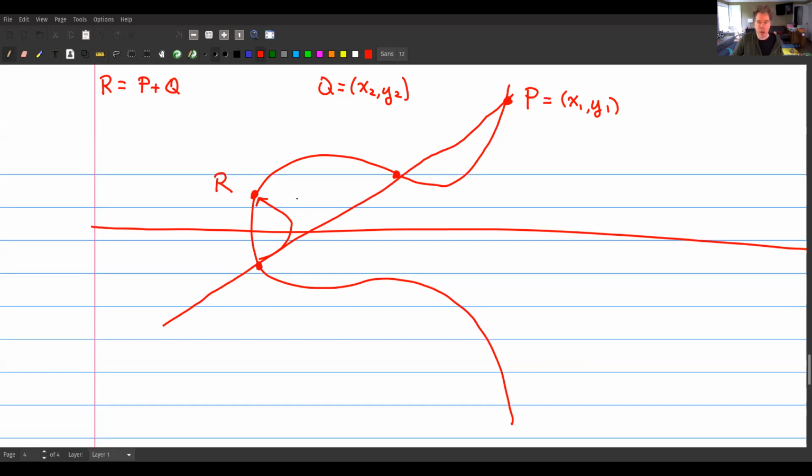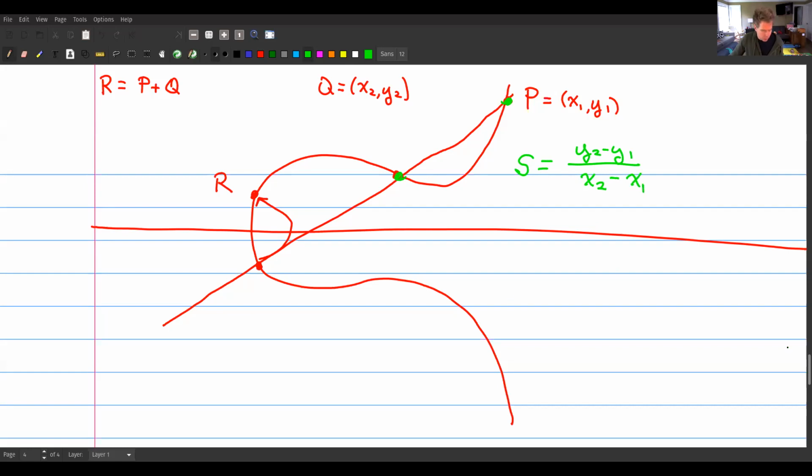So what is R actually? How would you do it? First you need to figure out the slope of this line connecting Q and P, and the slope is just y2 minus y1 divided by x2 minus x1.